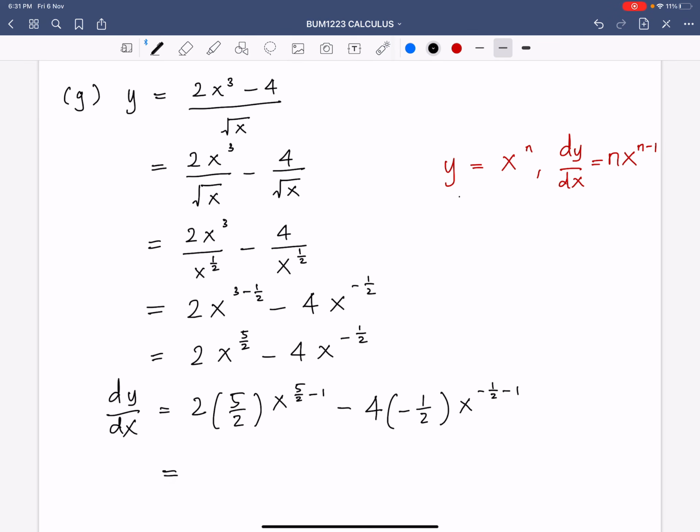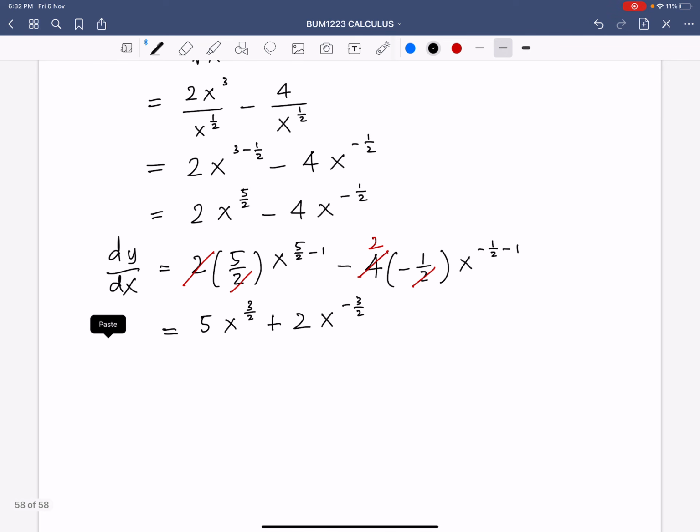Where this is equal to, we can simplify this. Therefore, we have 5x power of 3 over 2. And then we have here minus times minus is plus, so 2 times x power of negative 3 over 2.